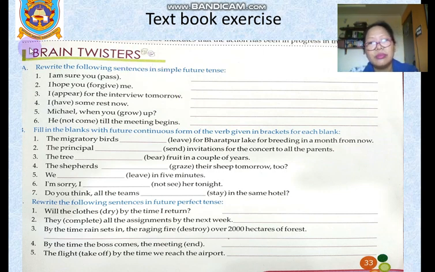In future simple tense, if you remember, children, we use subject, will or shall, and we use the first form of verb in all the sentences. In a negative or assertive or interrogative, we use the first form of verb, right? So I am sure, pass. The sentence would be, I am sure you will pass. I hope you will forgive me.